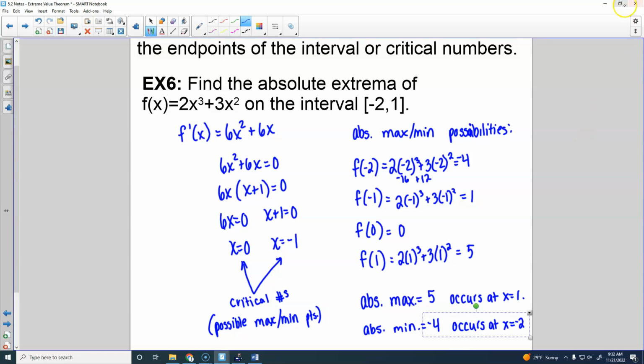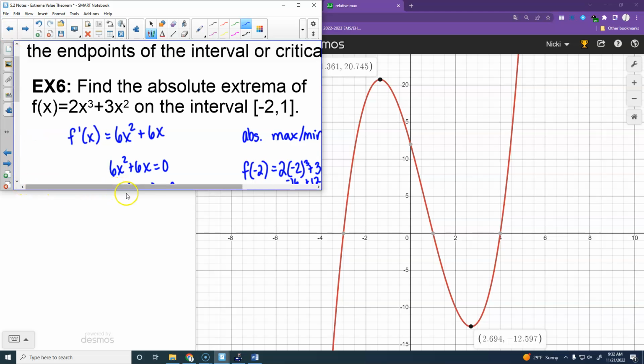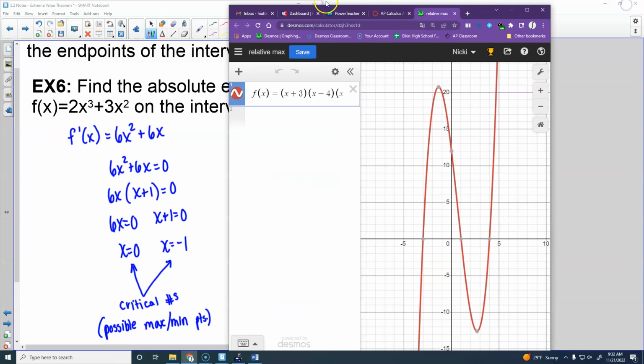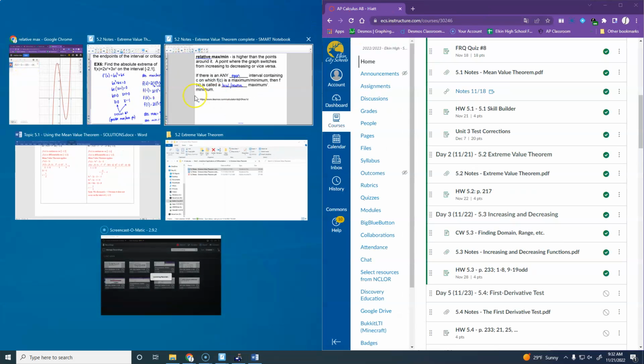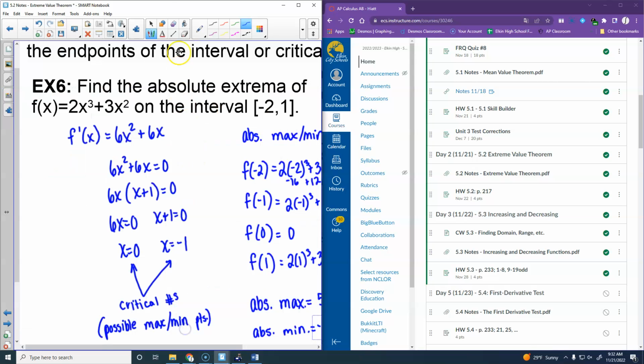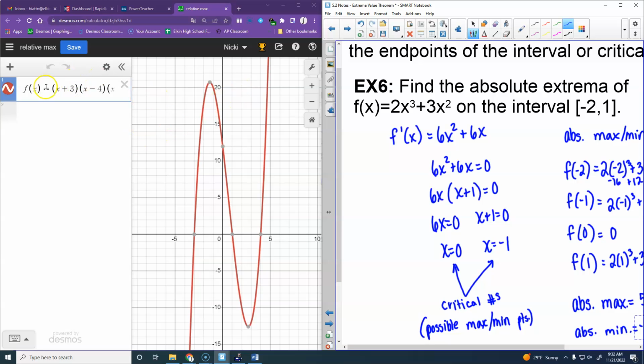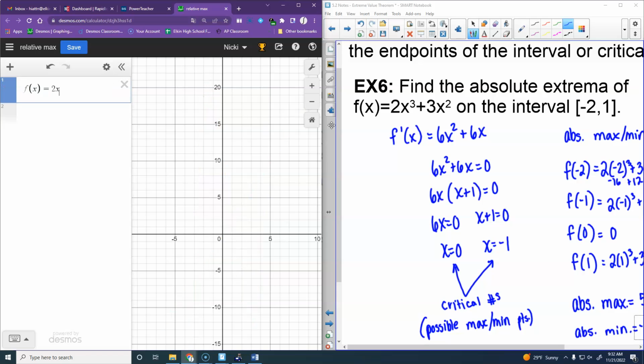Let's just look, I think it's helpful to see a picture real quick, and this will be real quick to type in. All right. Let me do that. Okay, so if we type that in, here we got 2x to the third plus 3x squared, and then we're only looking from -2 to 1, so -2 less than or equal to x less than or equal to 1.